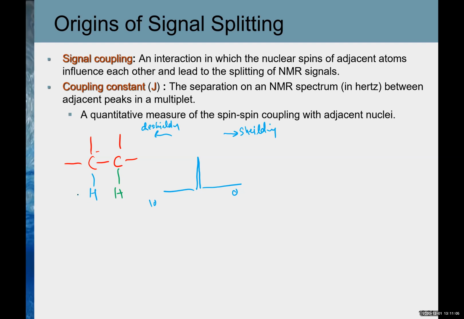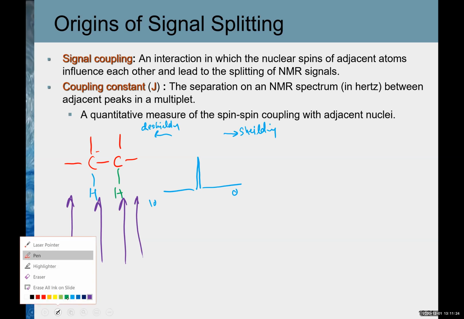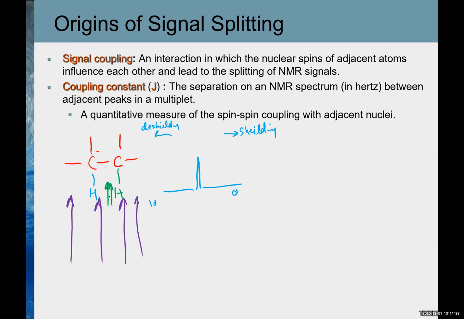Now, as the blue hydrogen is spinning and giving a signal here, the green hydrogen can do two things. Green hydrogen is also spinning, right? If the external field is this way, green hydrogen can spin in such a way that it also aligns with the external field. If it aligns with the external field, the neighboring blue hydrogen will experience a stronger field, right?